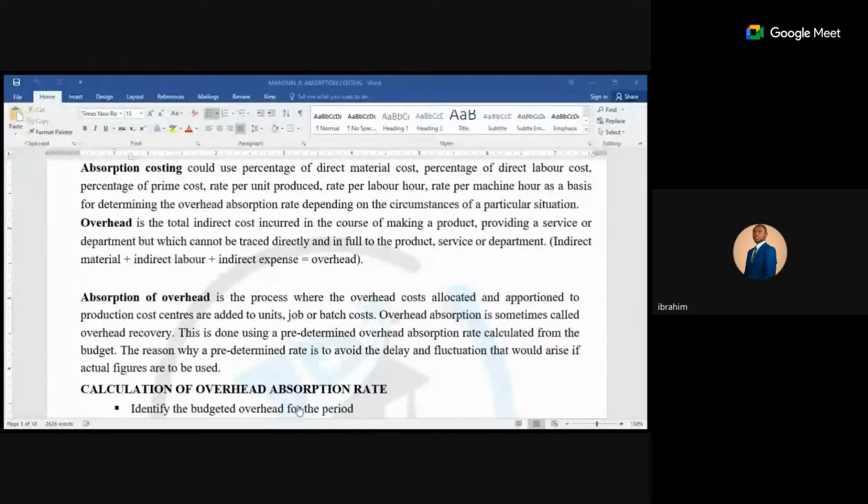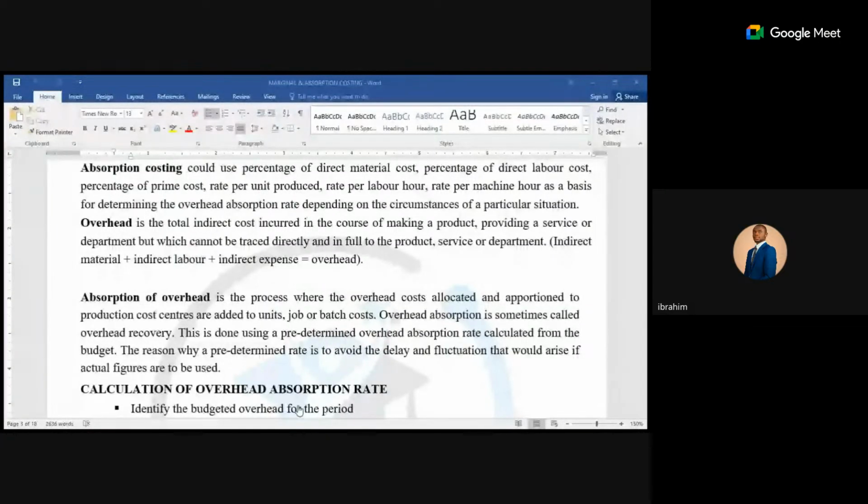Absorption of overhead is the process where the overhead costs are allocated and apportioned to production cost centers, class, just as I explained now. So the production cost centers are added to the unit.